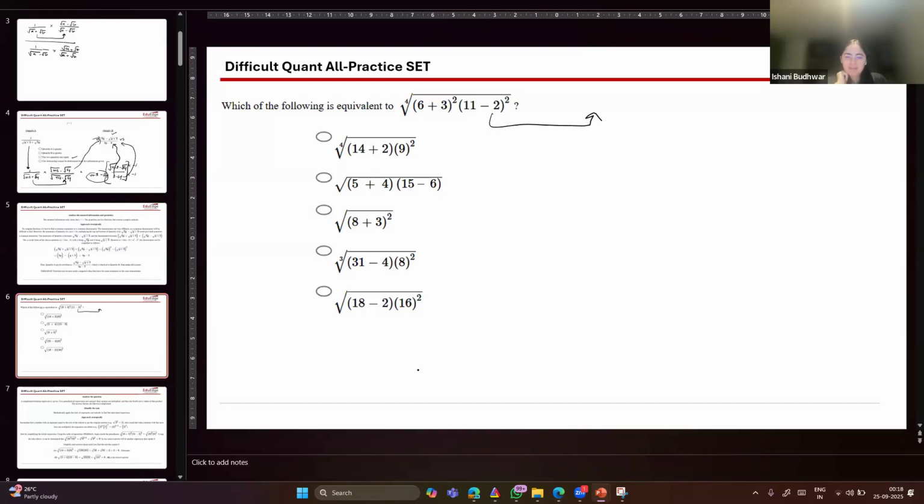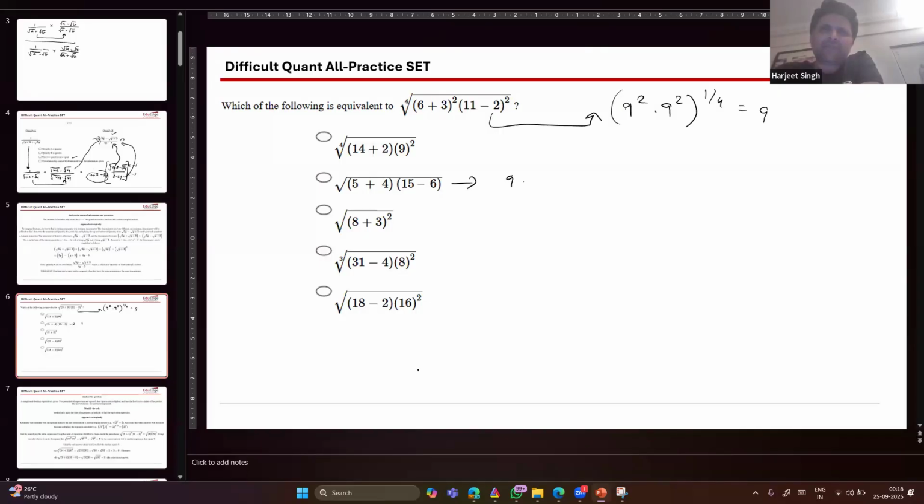And the second option, if you simplify it, is also 9 times 9. Okay, that's right. So can I say this expression is 9 square into 9 square, raised to 1 by 4? So that is obviously 9. And this is 9 into 9, root of that. So that is 9.